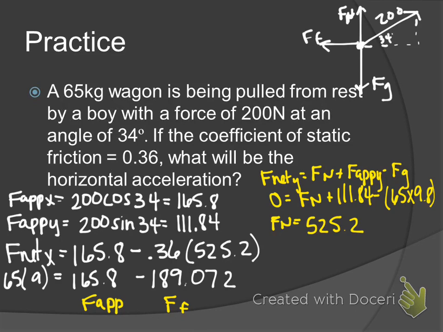Otherwise we're saying we're pulling it this way, but friction is magically making it slide that way, and that doesn't happen. We're not applying a great enough force to overcome the static friction force, so our acceleration is 0, or we say the box won't move.